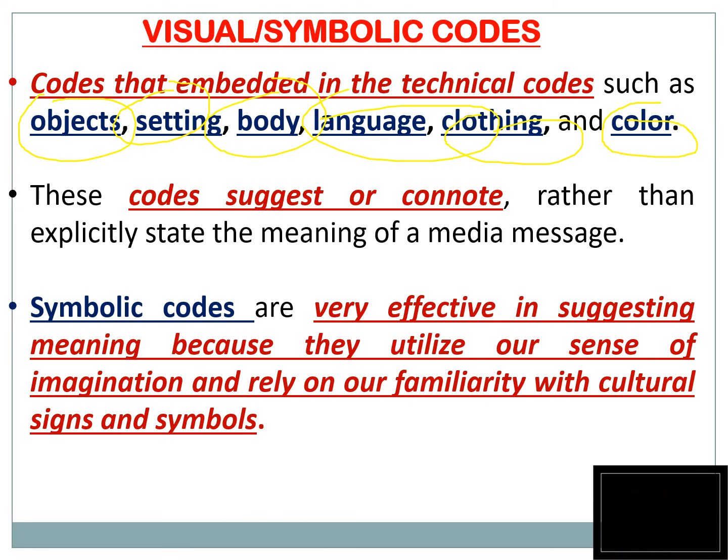So, next one, symbolic codes are very effective in suggesting meaning because they utilize our sense of imagination and rely on our familiarity with cultural signs and symbols. Kaya nga symbolic codes kasi we are using signs para maintindihan natin yung information. So we must be familiar when it comes to signs and symbols.